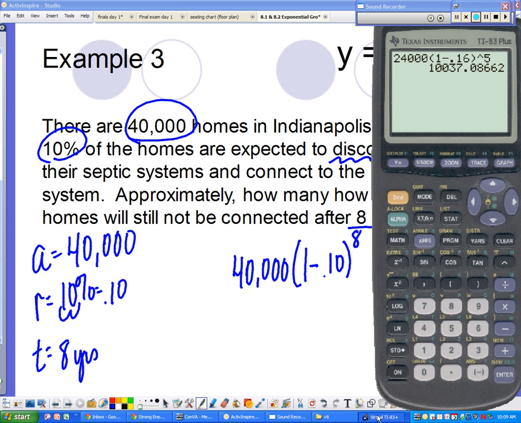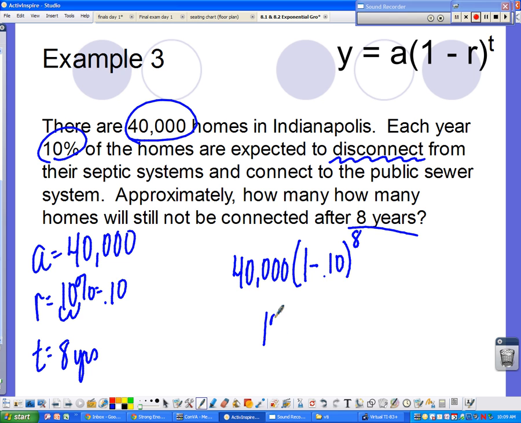Then come to your scientific calculator: 40,000, parenthesis, 1 minus 0.10, close, and then raise it to the 8th power. You find out that after 8 years, there's still going to be 17,218 people connected to the public sewer system.